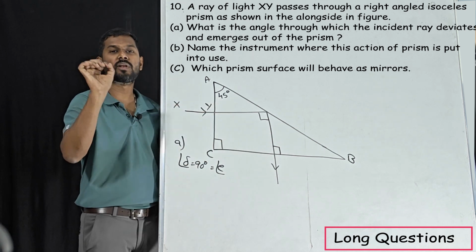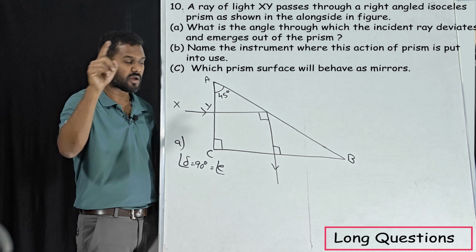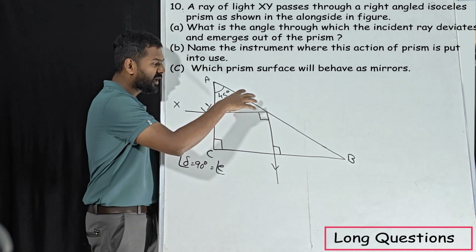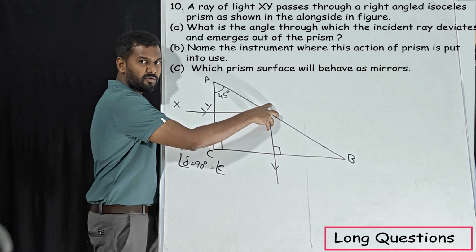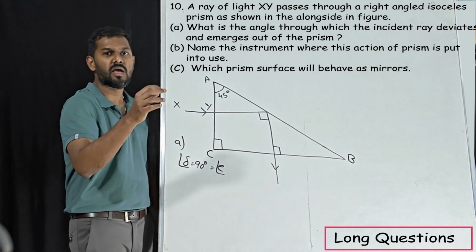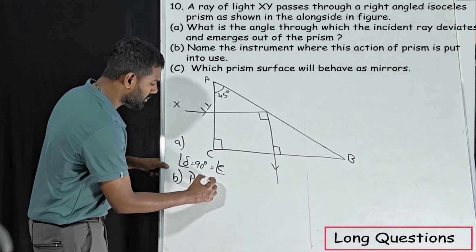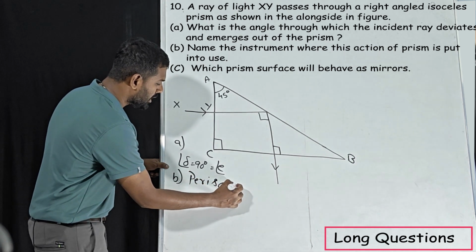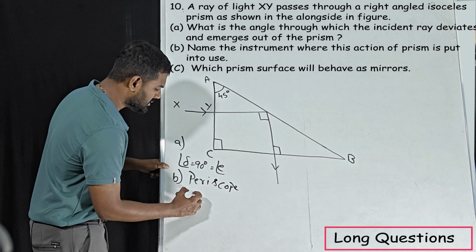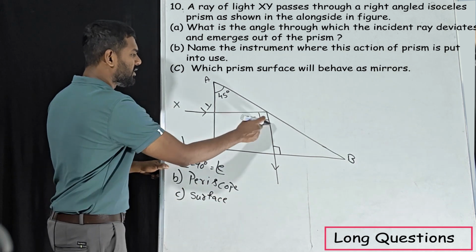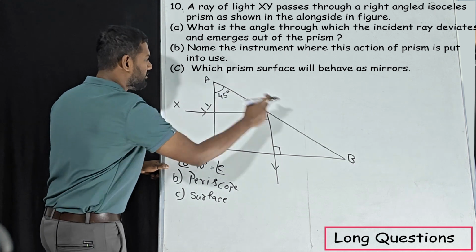Where we are getting the total internal reflection. That is important. We are getting the total internal reflection at this part, right? So wherever we are getting the total internal reflection, that part will behave as a mirror. So second one is periscope, third one is surface AB. Here we are getting total internal reflection, right? So which is this surface AB.